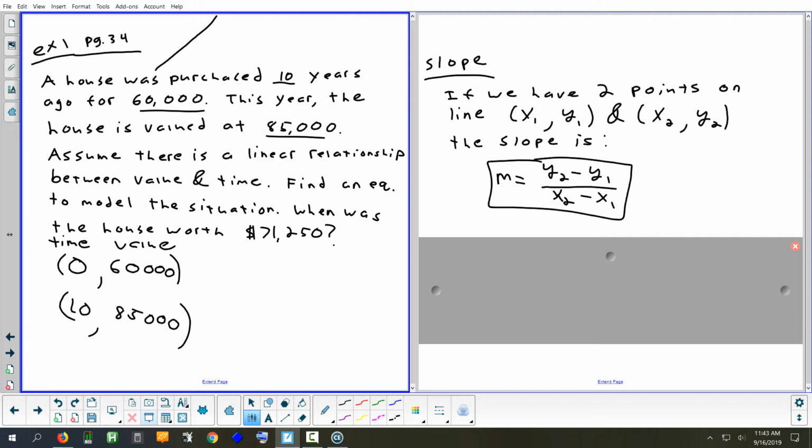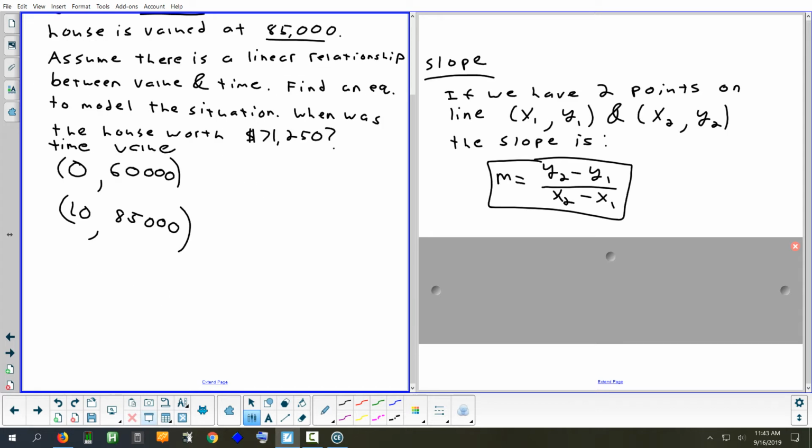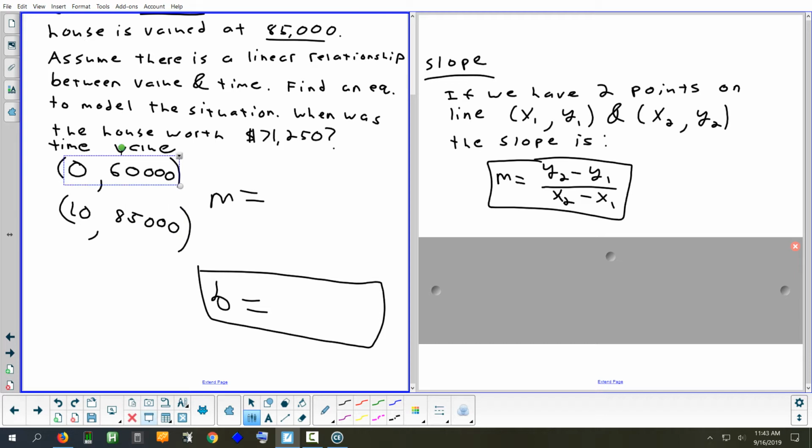So now we'll just find the slope. And then we need the y-intercept, but that should be pretty easy to get here. So let's do the slope first. Y2 minus y1. What's 85,000 minus 60,000? 25,000.